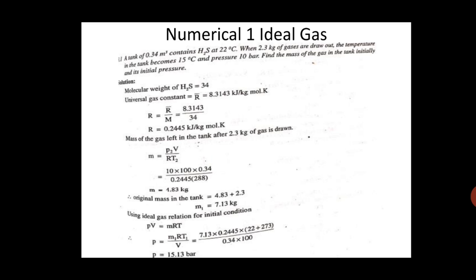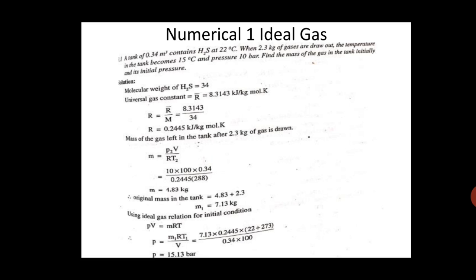This temperature has to be always in Kelvin only. So mass M is equal to 4.83. So the original mass in the tank is 4.83 plus 2.3 which was drawn out, that is 7.13.